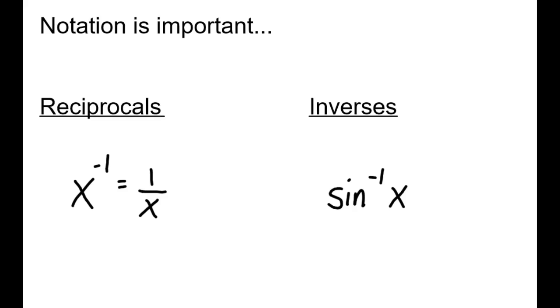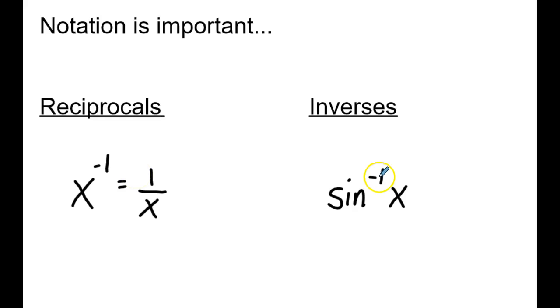Before we get started going through a few examples, we need to quickly talk about notation, because in mathematics we have a lot of notation that is similar but they have different meanings, and that arises in this lesson. So on the left we have x raised to the negative 1 power, which we would rewrite as 1 over x using exponent properties. That's referring to reciprocals.